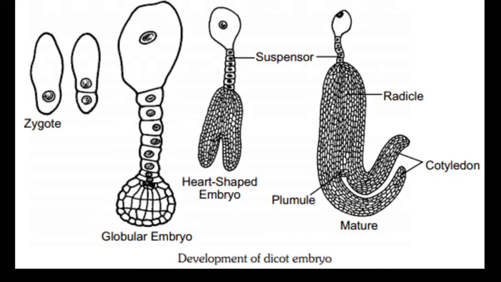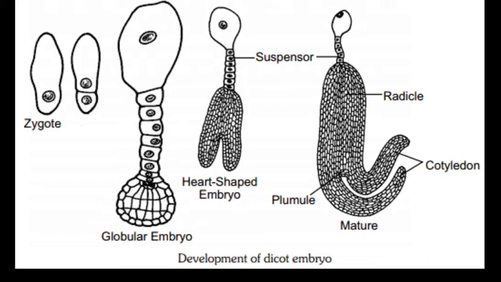What is endosperm development? The endosperm develops first, before the embryo, and it develops from the PEN. What is PEN? The primary endosperm nucleus. The PEN undergoes successive nuclear divisions to give rise to free nuclei, and this stage of endosperm development is called free nuclear endosperm.